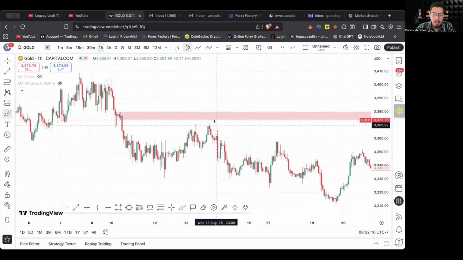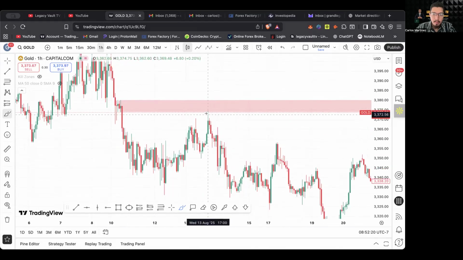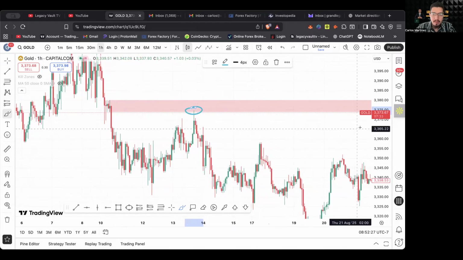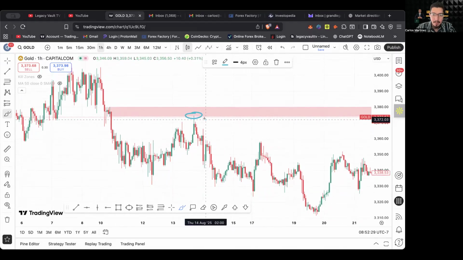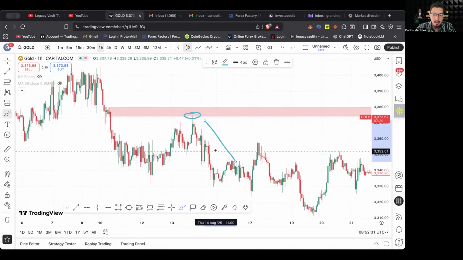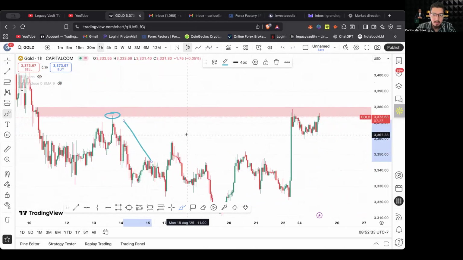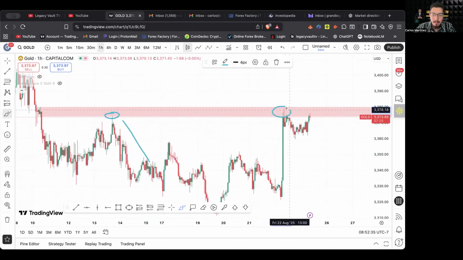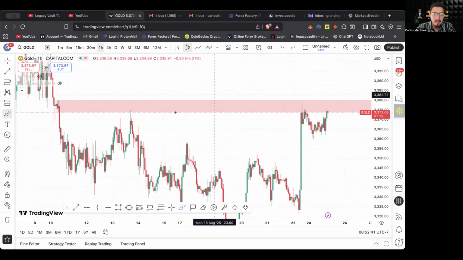If you draw your zone here, and at one point price came to retest this area, once it did, immediately it pushed down for a sell. It came up again and pushed down. You see price, because this is a strong area for supply.